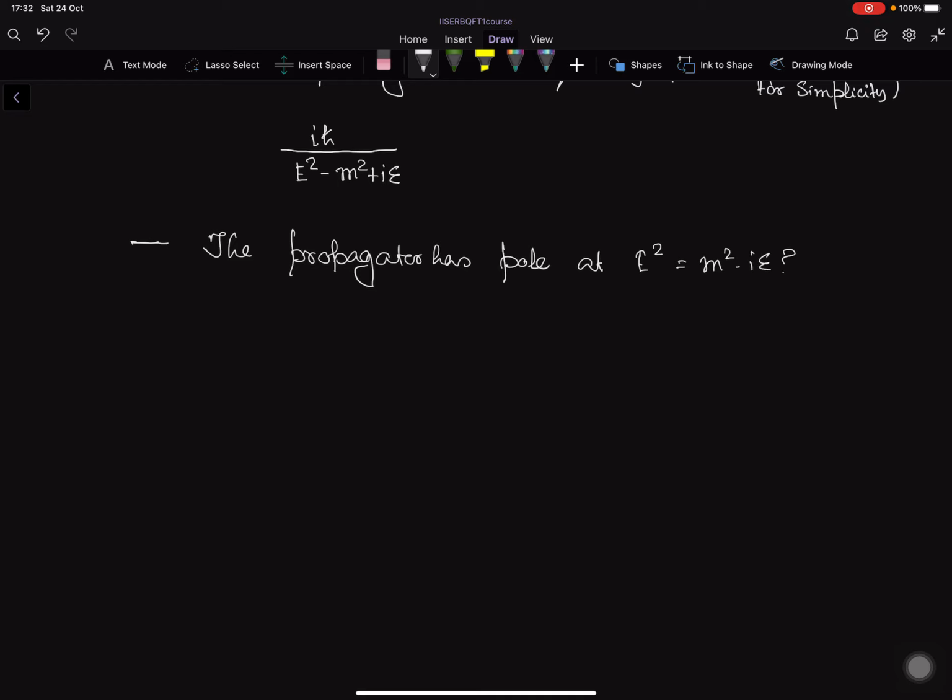We can always Fourier transform it back and go to position space. We have already done those things, but the important thing to note here is the existence of the pole.